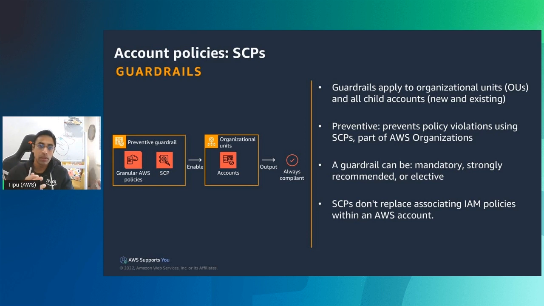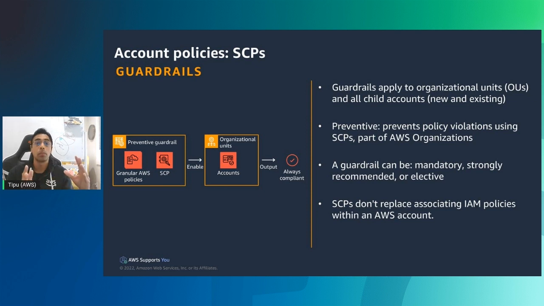So there's a preventative guardrail that comes through the form of this SCP, and then with the OUs, it gets applied to the accounts. Right, and that way you can make sure you're compliant. The SCPs ensure that, and there are other services such as AWS Config that further help you to ensure that if something was misconfigured, you can be alerted, or that some automated action can be taken as part of the guardrails.